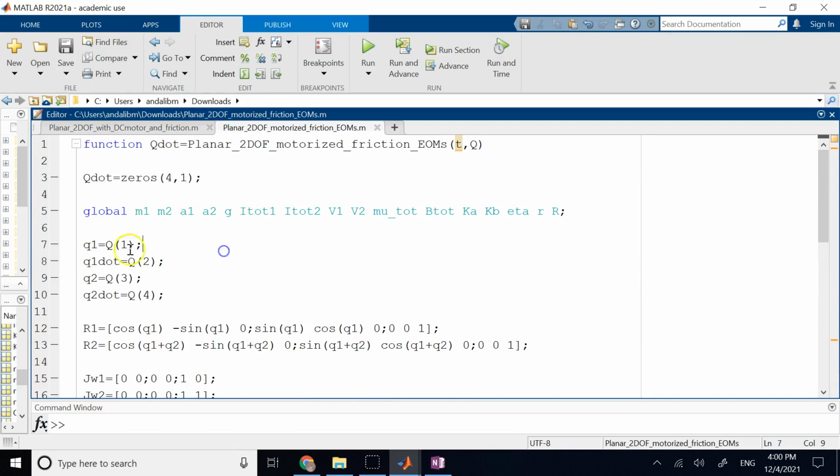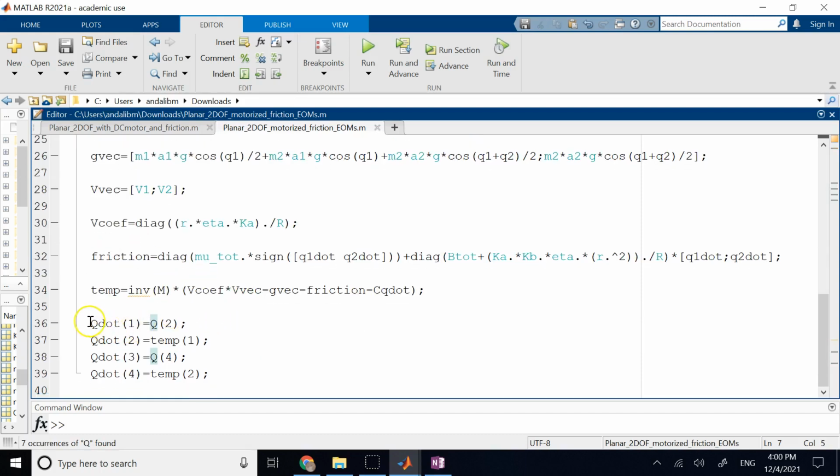As you can see, the first dummy variable, I chose it as q1. Derivative of that is going to be q2, and q2 here is really q1 dot. This capital Q is q1 dot. Then the derivative of q1 dot is what? q1 double dot.